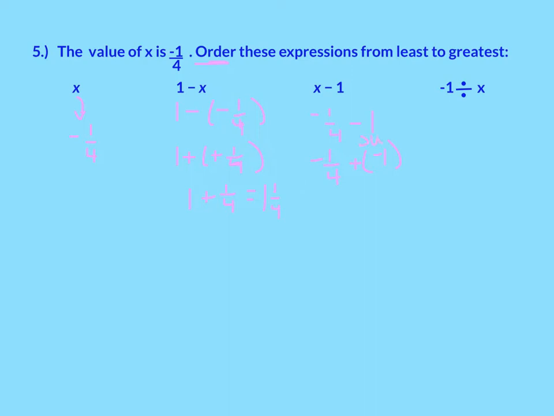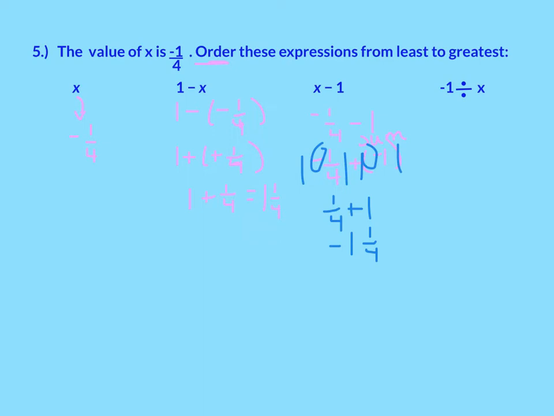So now I'm finding the sum of both of those. I'm looking at their absolute values. Absolute value of negative 1/4 is 1/4. Absolute value of negative 1 is 1. 1/4 plus 1 is 1 1/4. Both of these were negative to begin with, though, so my final answer is negative 1 1/4.